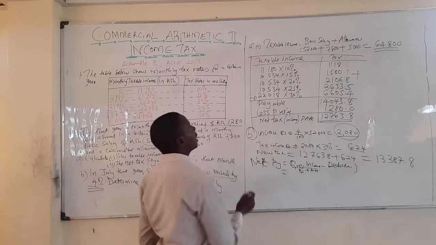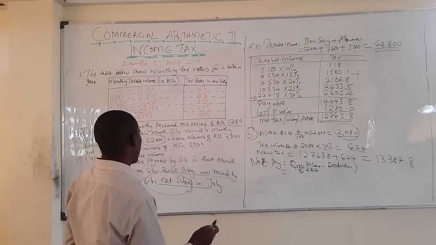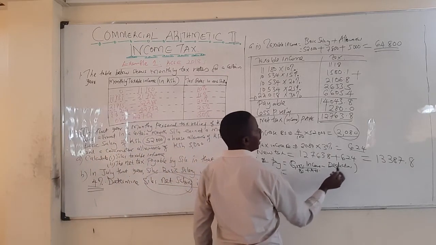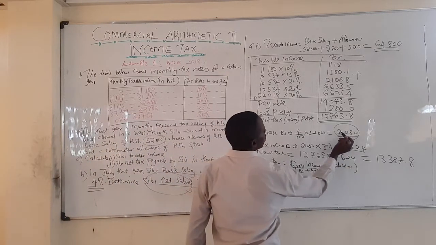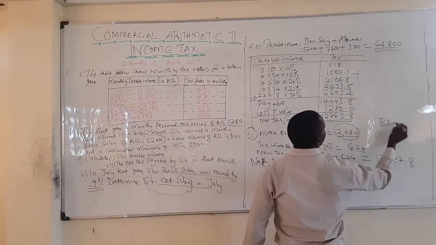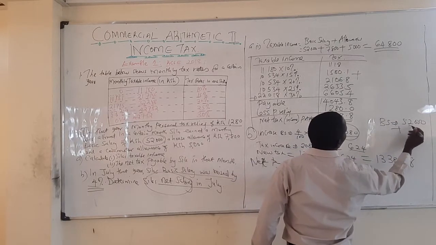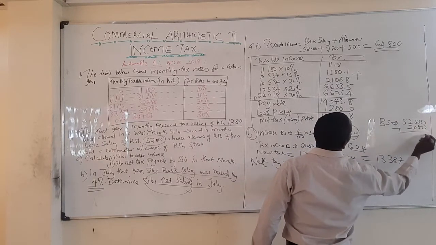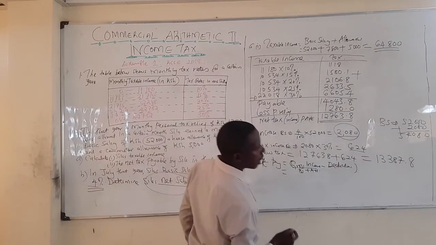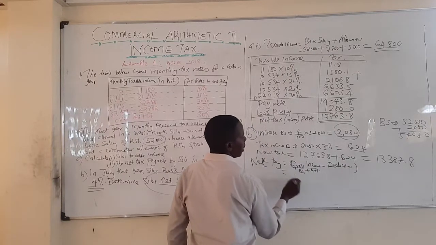Our basic salary, initially we had 52,000, but now you have an addition of 2,080. So the basic salary will be 52,000 plus 2,080, and this gives you 54,080. So that's the new basic salary.